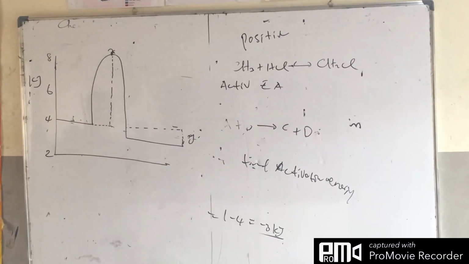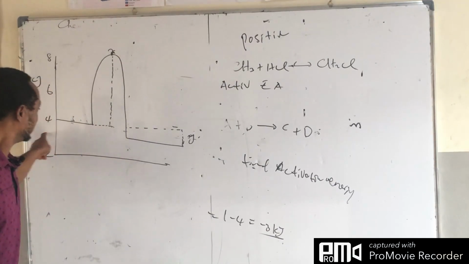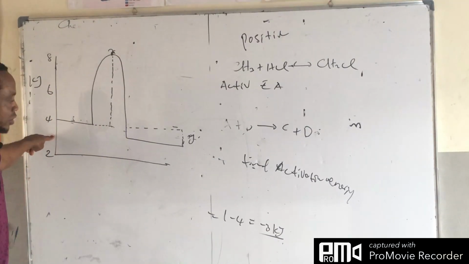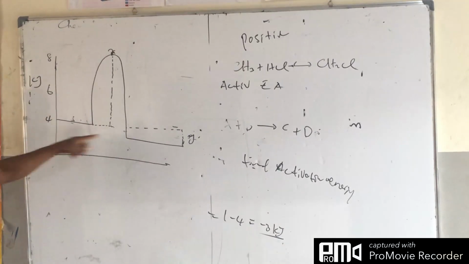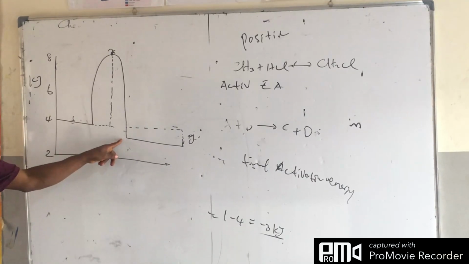Is it 1? What should it be? This is 2, this is 4. Look at this diagram here. So 3 should be here now, not 2 but 1. So 3 minus 4, product minus reactant, is minus 1.